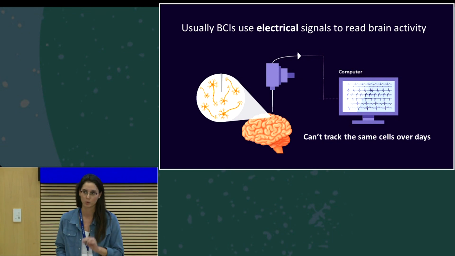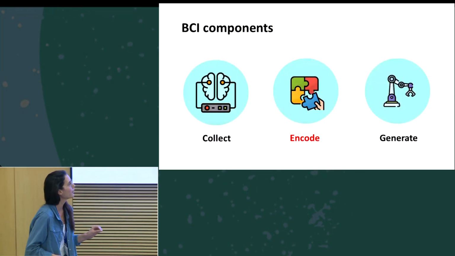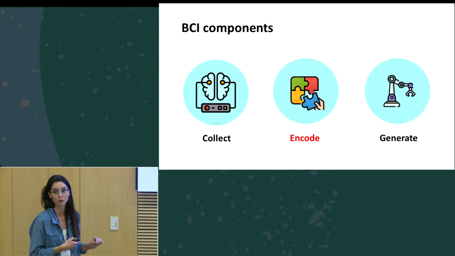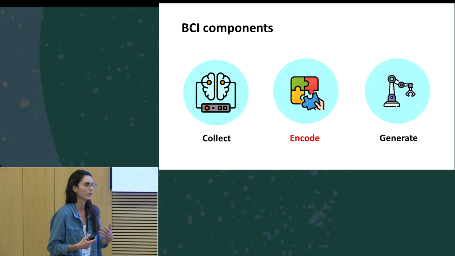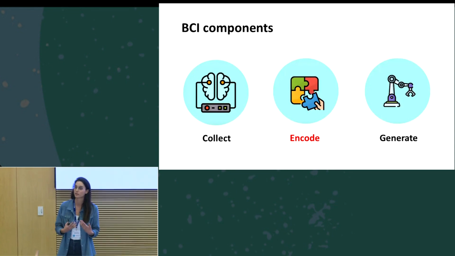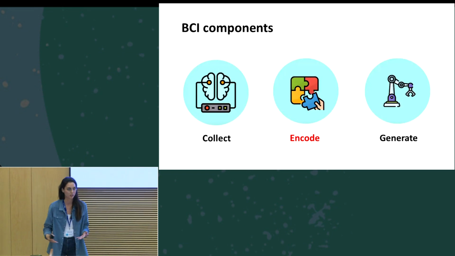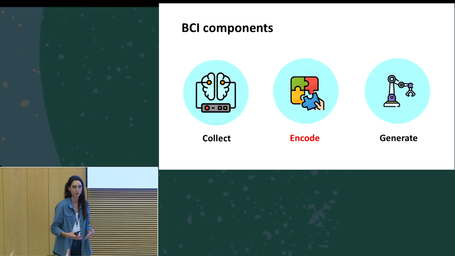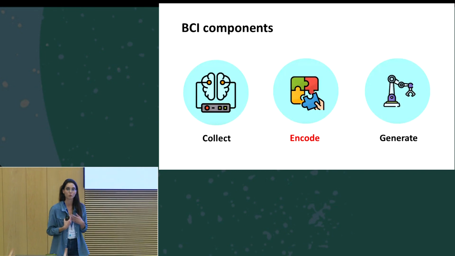And why is that important? To remind you, a major part in BCI is the encoding part. If the neurons keep changing between days, then the signals change between days. So we actually need to teach our software over and over what the signals are and what it needs to do in order to generate the action.